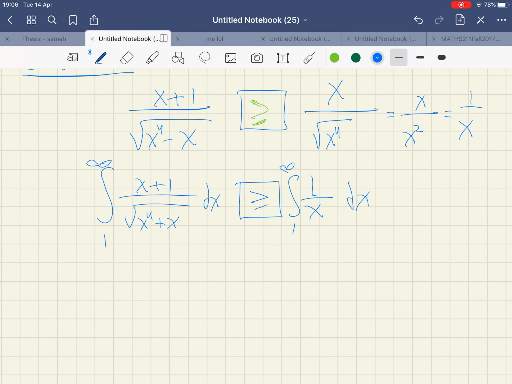Okay, and now this diverges by the p-test with p equal 1.